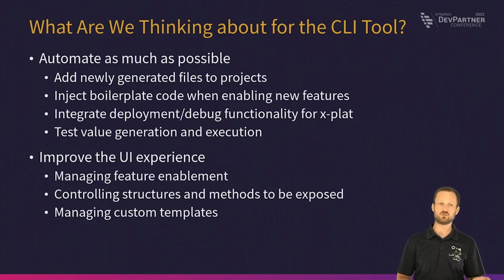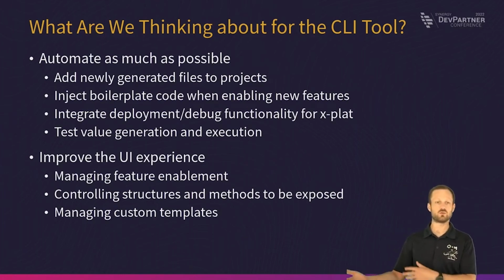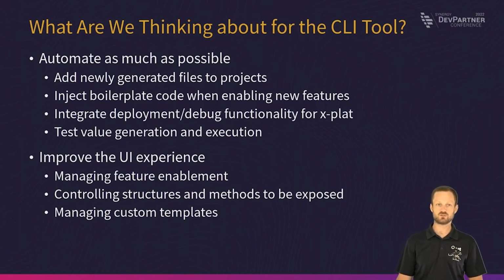So if you go add new structures, they get added into the projects where they're supposed to go. If you remove a structure or turn off a feature and it causes a file to no longer get generated, we either let you know that it needs to be removed from the project, or we go remove it for you. Either way, more automation there for your project files and your CodeGen overall experience.